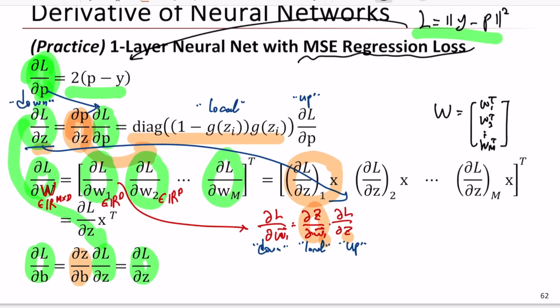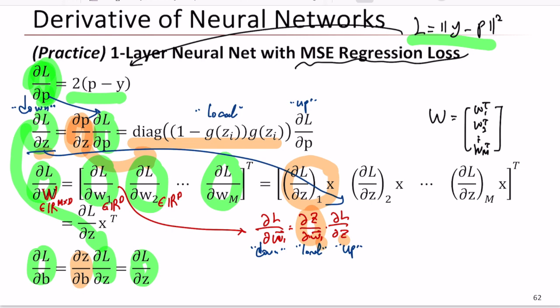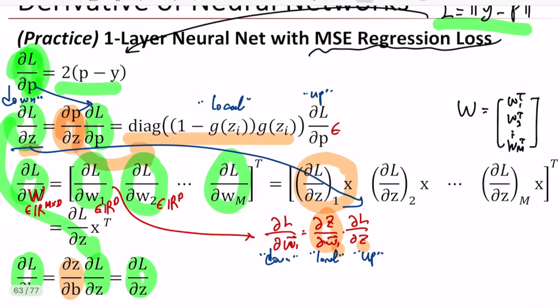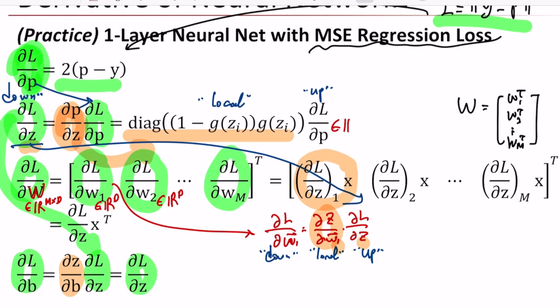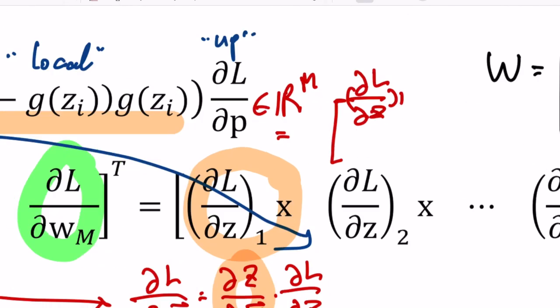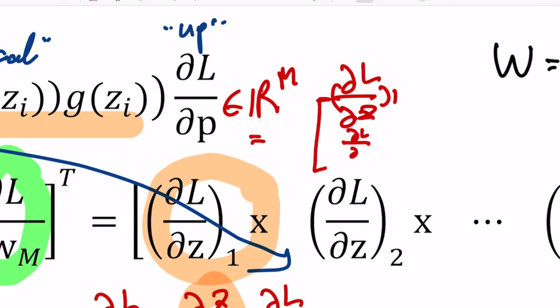Right. It means that dL/dZ is an m by 1 vector, consisting of the first element, second element, and so on.